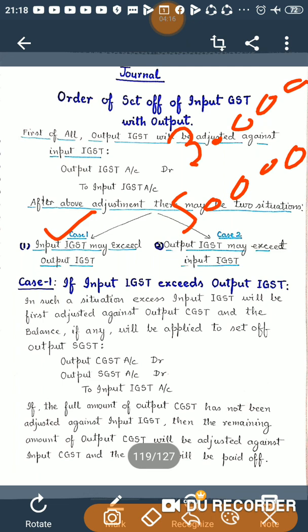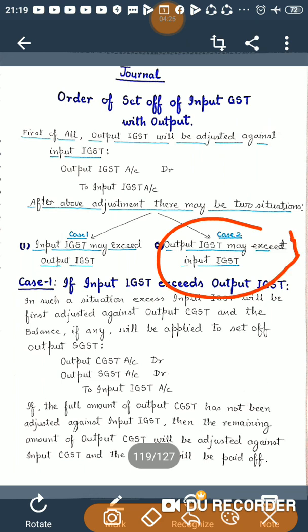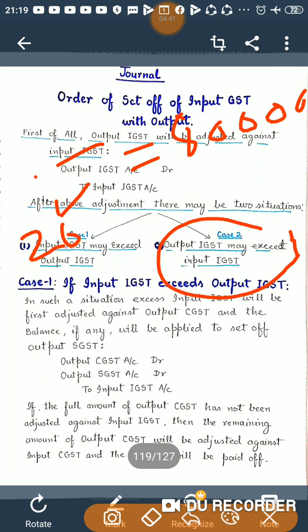And the second situation, case 2, is when output IGST exceeds input IGST. Suppose the output IGST is 80,000 and input is only 20,000, say 26,000.